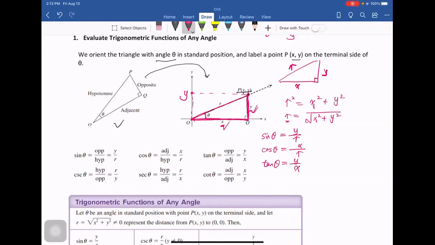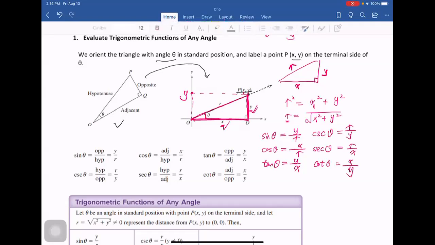And we find the cofunctions of these three. Sine theta's reciprocal is cosecant theta equals r over y. Secant theta equals r over x. Cotangent theta equals x over y. In this way, we can find the 6 functions.